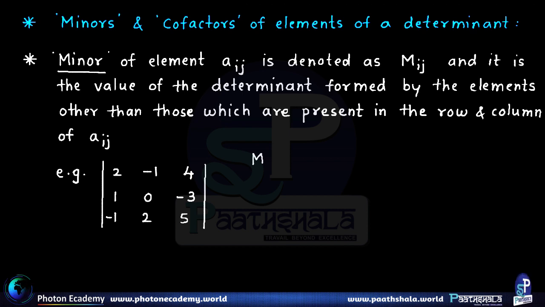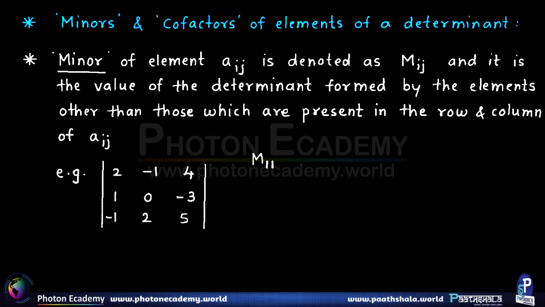As per the definition, the minor M11 is to be obtained by the determinant formed by the elements other than those in which the required element is present.